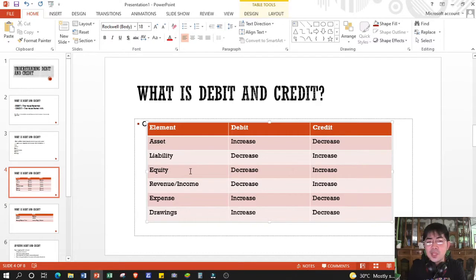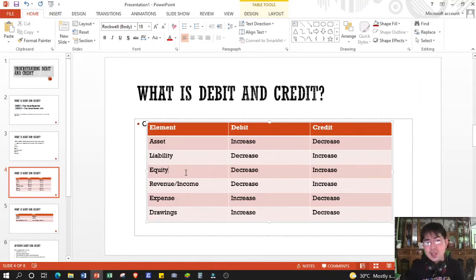What about equity? By the way, equity is the portion of your assets that came from and is attributed to the owners. So for example, if owner ko, nag-invest ko og asset sa business, then nadungagan ang akong equity.